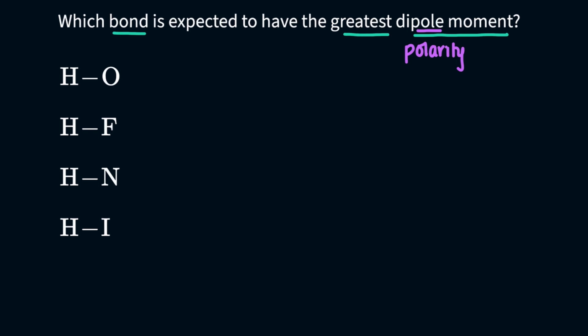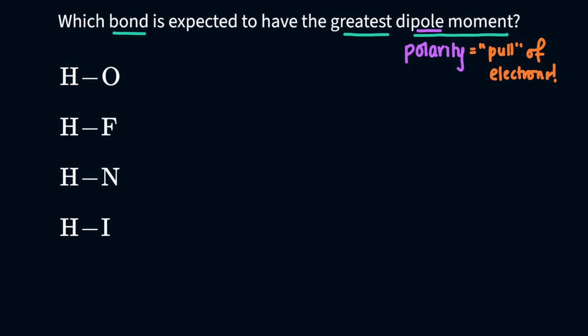So a greatest dipole moment talks about polarity, and polarity is talking about the pulling of electrons. The more fancy way of saying that is an attraction towards electrons in the chemical bond.